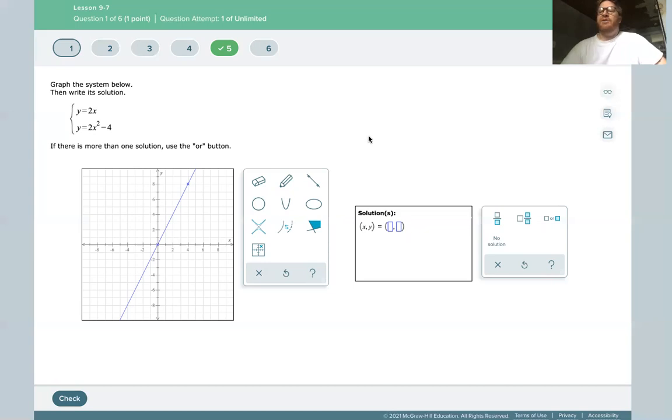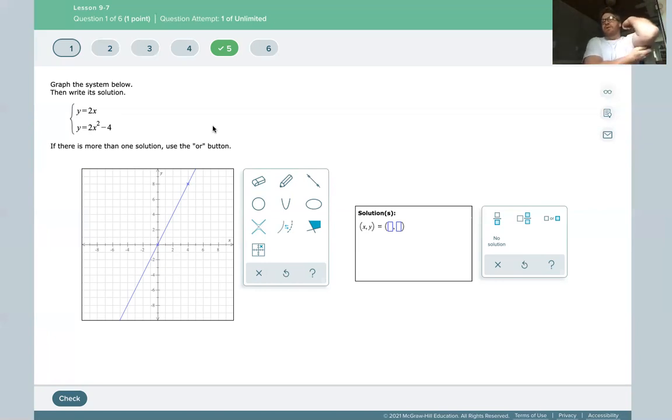Finding the axis of symmetry takes a little bit of math, but it's not hard, and you guys know how to do it now. So remember, the axis of symmetry is negative b over 2a. Here's the thing: I have no b in this equation. So if I have no b, that means b is 0.